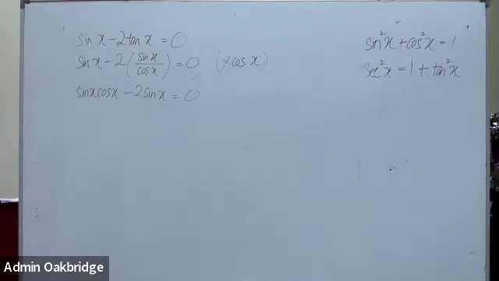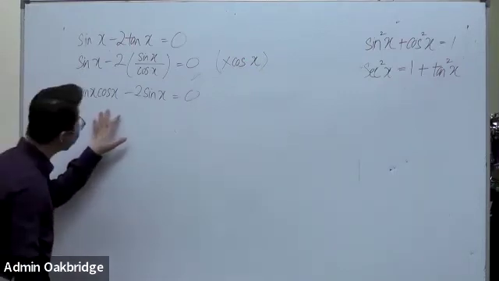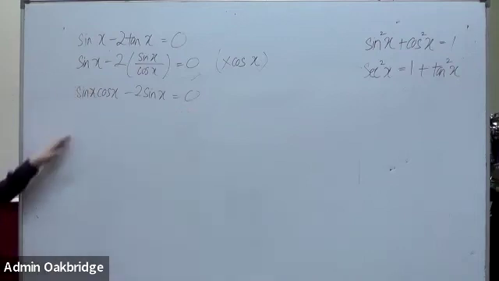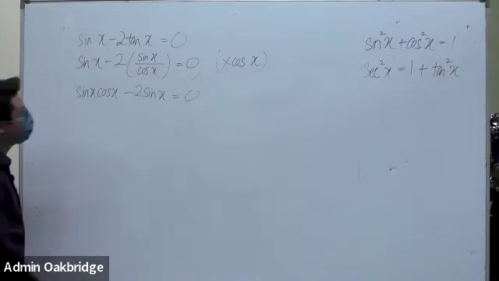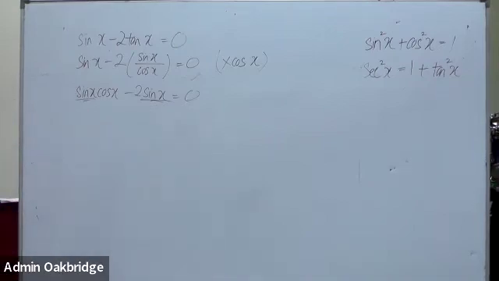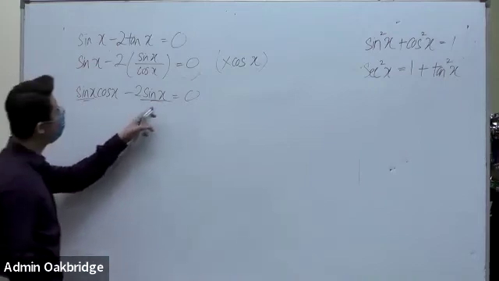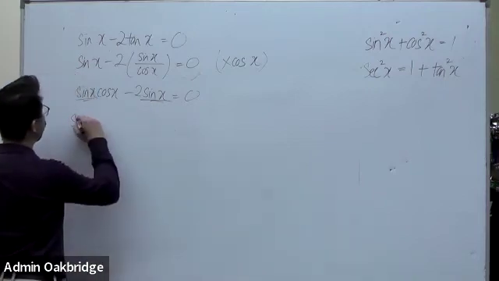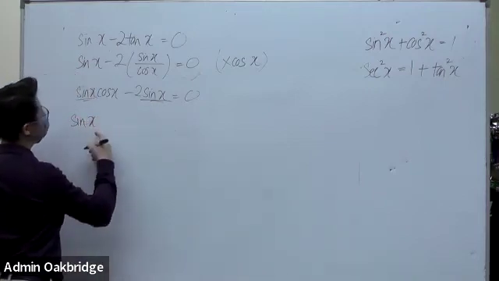Okay, so what's good? And from here, what do you see? You still didn't see any square here. So what do we do? There's no square, but you do have a common factor. Even though there's no square, you have the common factor here. That means you can factorize out the sine x.